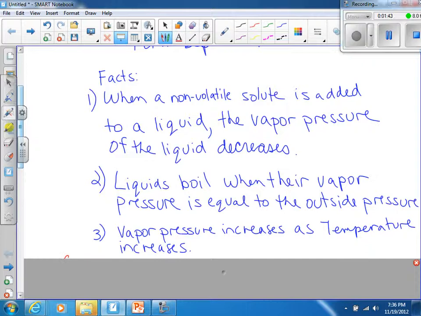Fact 3. Vapor pressure increases as temperature increases. So as we heat up a liquid, the liquid's vapor pressure increases. Hopefully that makes sense.